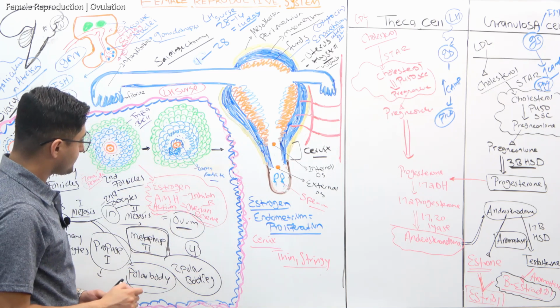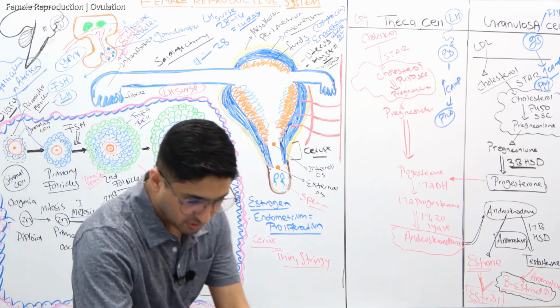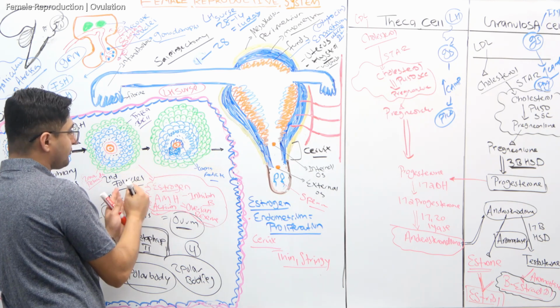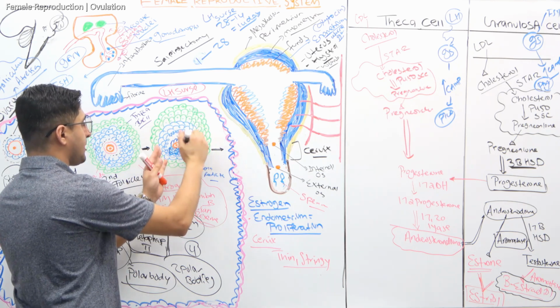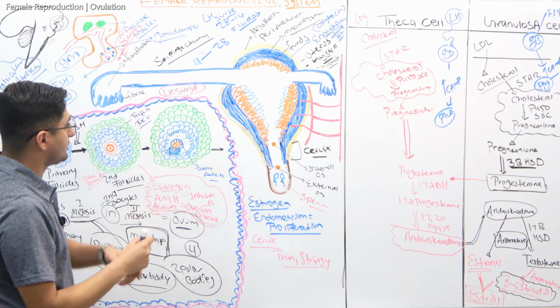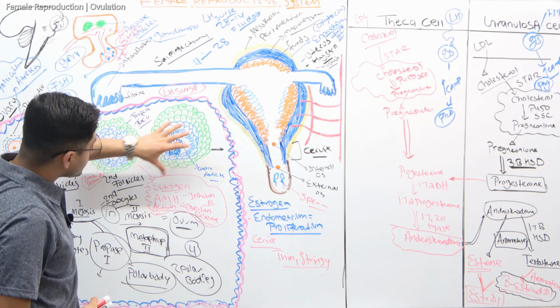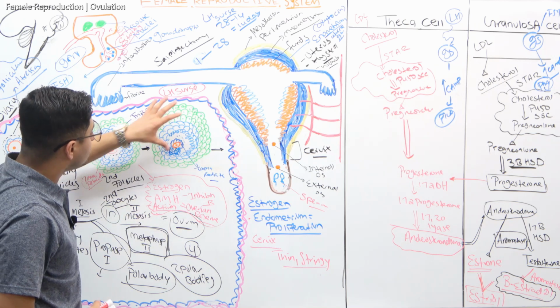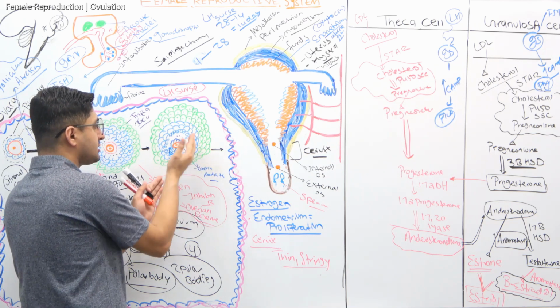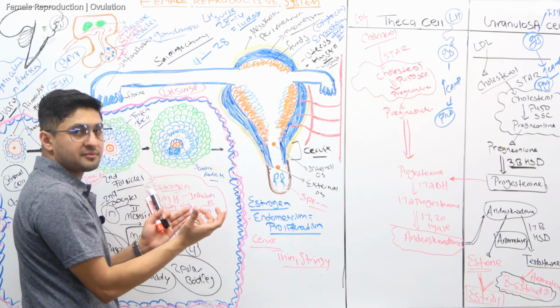So these secondary follicles, with this process, get more proliferating, and there are going to be more granulosa cells, more theca interna and externa. This is all happening. There's more fluid, right? There's a bunch of layers and antrum is going to be there, okay?